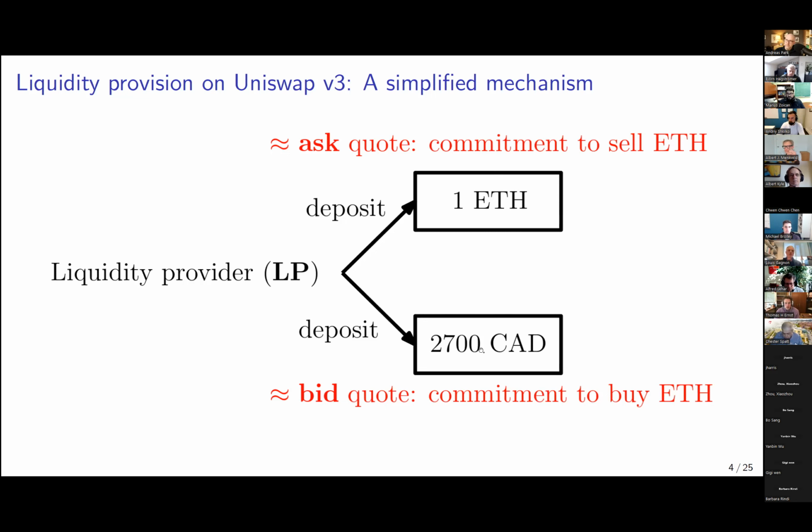And you put the numeraire, which is essentially committed to buy Ether with it if somebody wants to come, and that's economically equivalent to a large extent to a bid quote on a limit order book. So you have to, and in 99% of the cases, you will put both tokens at the same time.